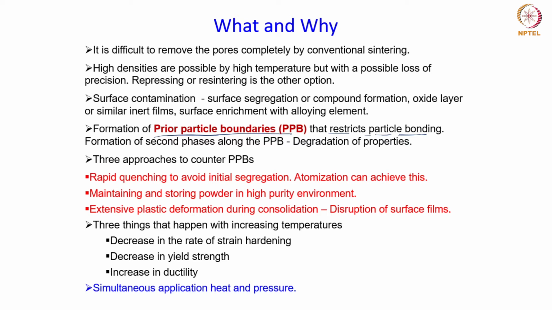And if there is formation of second phases along the PPBs, it will also degrade the properties of the final product, okay? So in order to achieve a better densification and also to eliminate the possibility of formation of second phases which are detrimental, there are three approaches which can be taken to counter these PPBs.